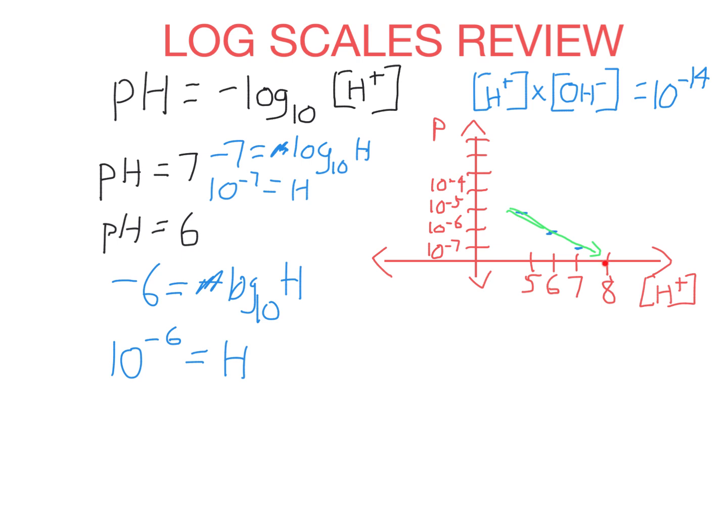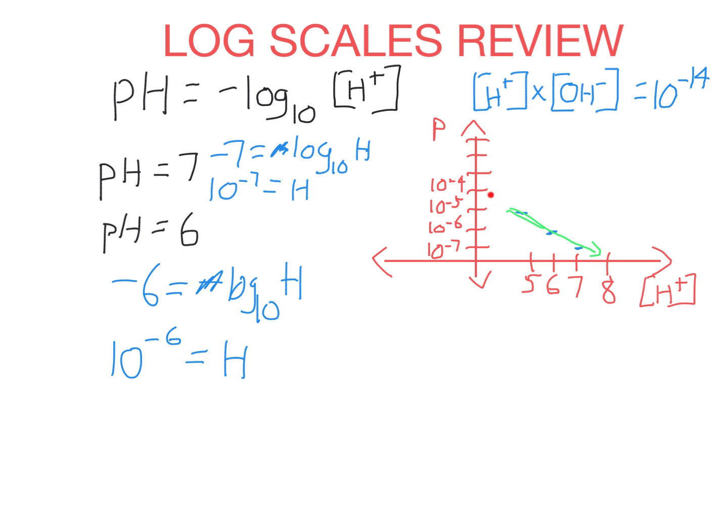If you decrease the pH by 3, from 8 to 5, you multiply the hydrogen concentration by 10 cubed or 1,000. So each increment of 1 on the pH scale means a 10-fold increase or decrease, depending which way you're going, in the hydrogen ion concentration.